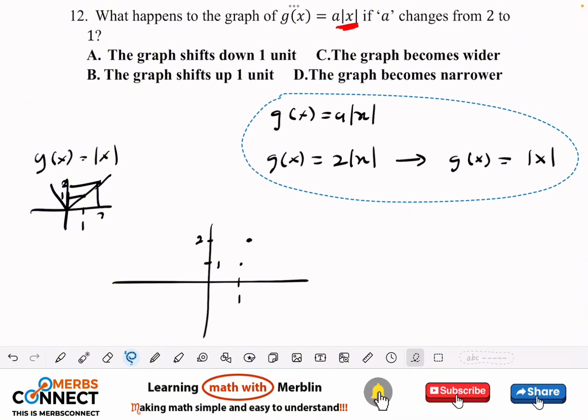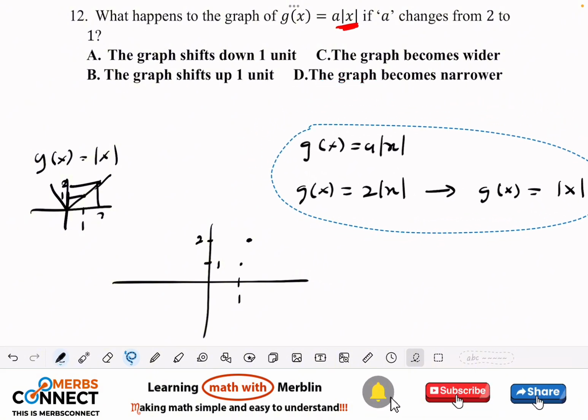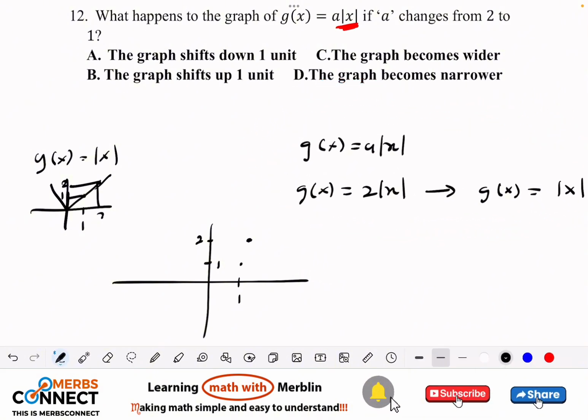Let's look at when x is 2. When x is 2, this graph here will be 2, but when it's multiplied by 2 it's going to be at 4. So I'm going to have something like this. Let me just clean this. 2 and 4 will be somewhere here.